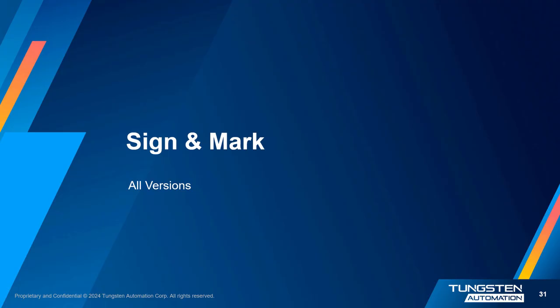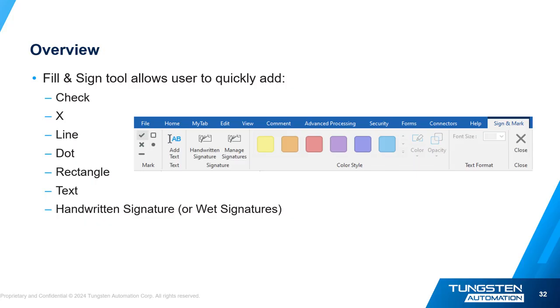Sign and Mark is a new set of tools available for all versions of Power PDF. This tool makes it easy to add commonly required annotations like check marks, cross marks, lines, and radio selections to PDF documents.